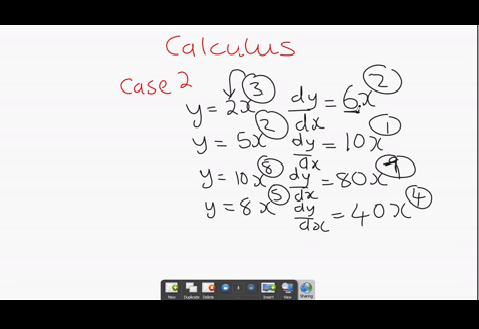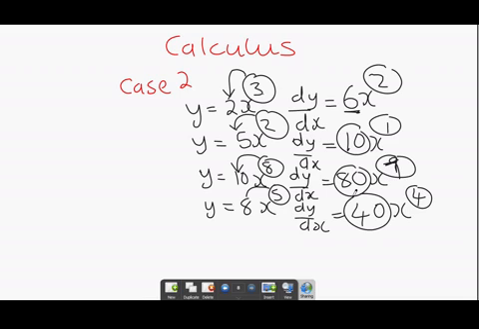Similarly, the 2 would go and multiply with the 5 to give us the 10. Again, the 8 would go and multiply with the 10 to give us 80. And lastly, the 5 would go and multiply with the 8 to give us 40.